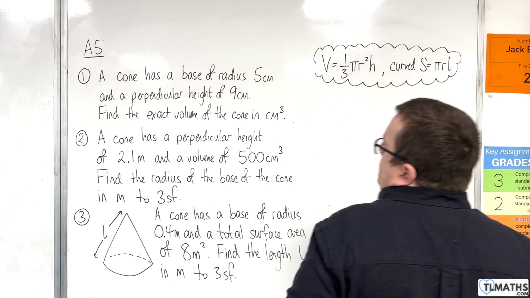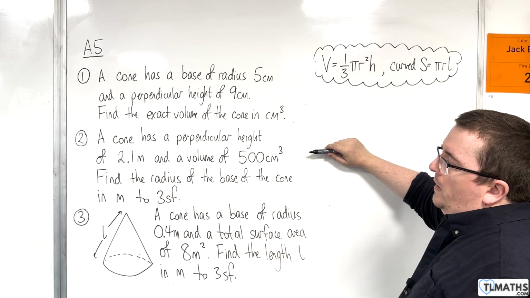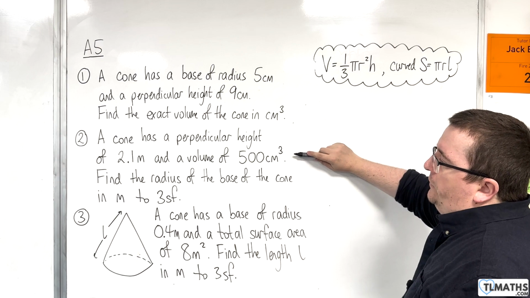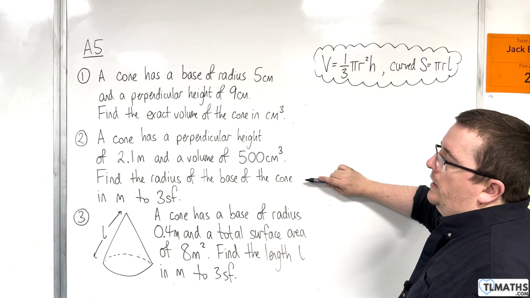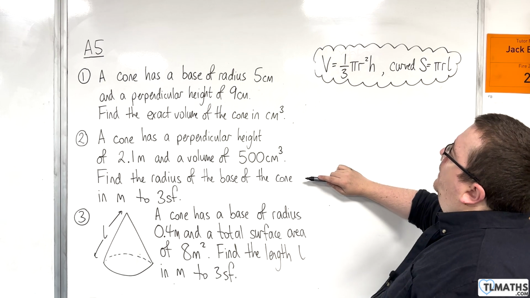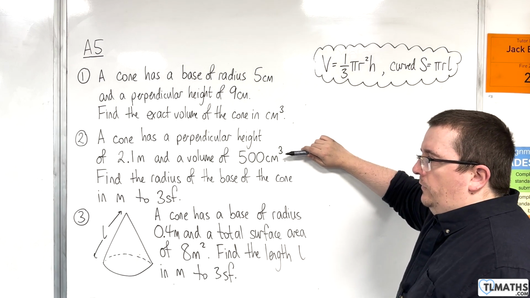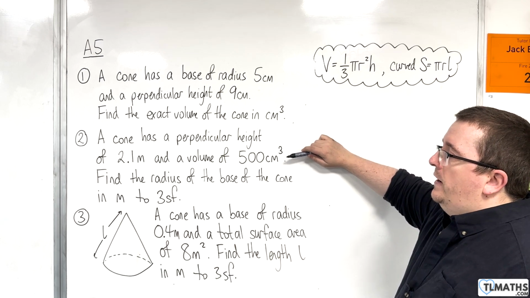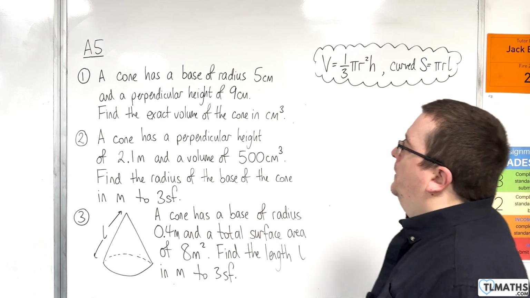Right, number 2. A cone has a perpendicular height of 2.1 metres and a volume of 500 cubic centimetres. Find the radius of the base of the cone in metres to 3 significant figures. Okay, so we're given the volume in cubic centimetres. So in my calculation, I'm going to keep everything in centimetres and then at the end go back to metres.